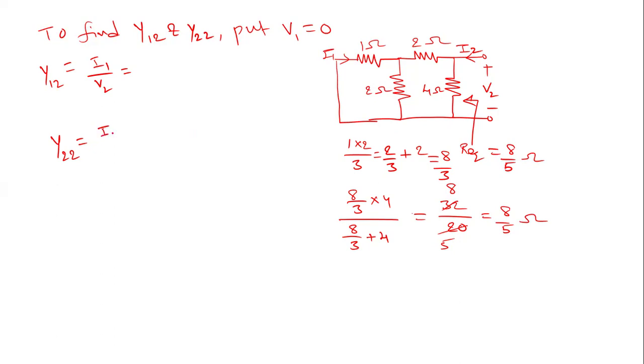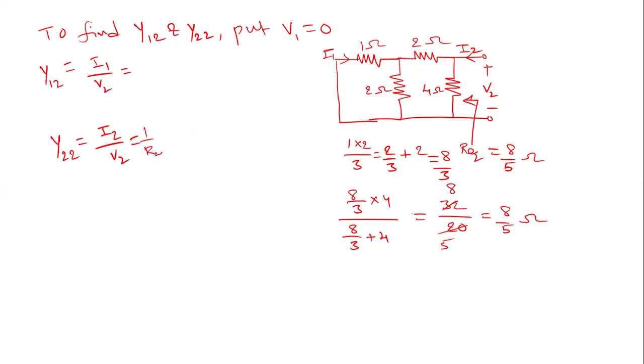So Y22 is I2 by V2, which is 1 by R equivalent, so this is 5 by 8 mho, or 0.625 mho.